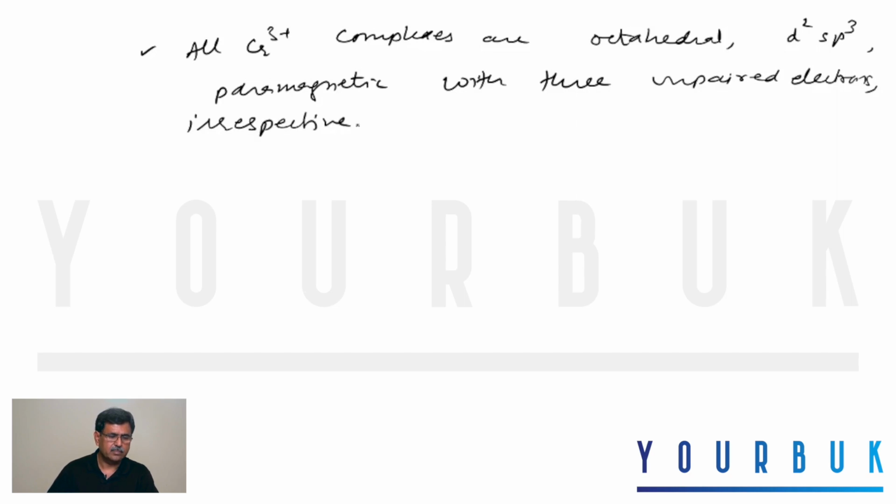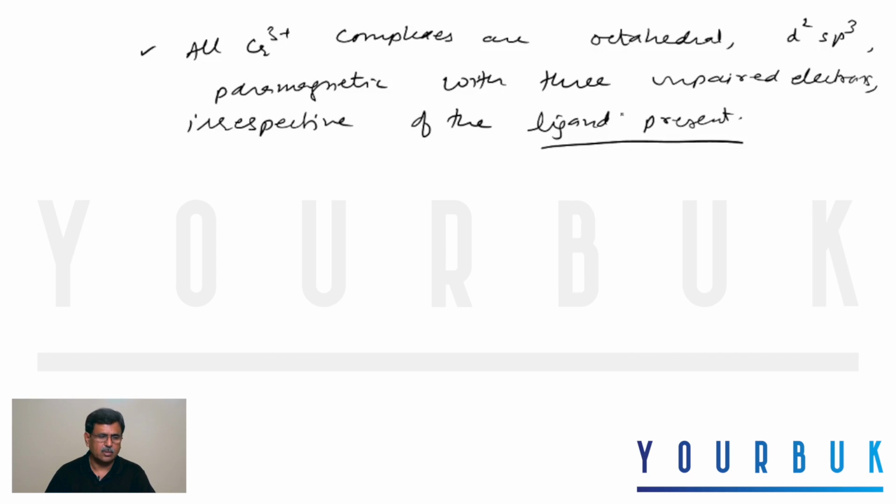No pairing of electrons takes place in chromium 3+, whether it is CN minus, CO, an amine or water, it doesn't matter. So all chromium 3+ complexes have a configuration 3d3, hybridization d2sp3, are paramagnetic with 3 unpaired electrons, and are inner orbital complexes. So this is about the valence bond theory in coordination compounds.